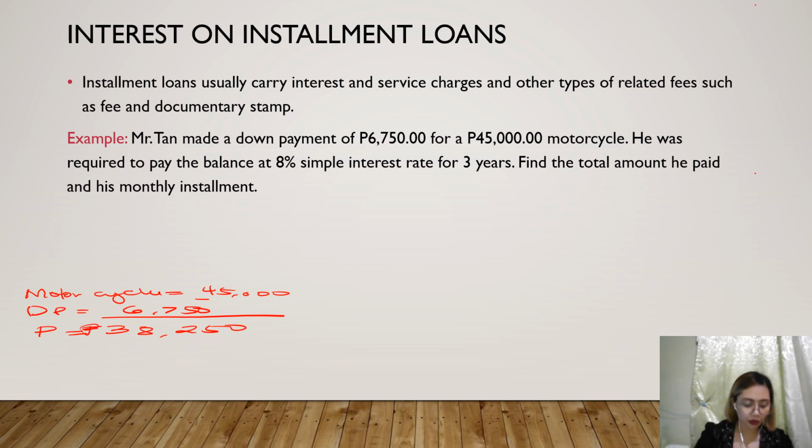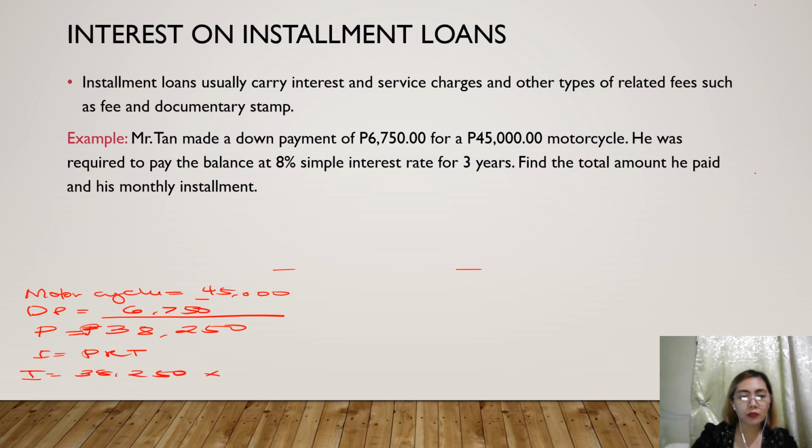Diba? Since the formula for interest is I is equal to PRT, may R na tayo, yung rate natin which is 8%, then yung time natin that is 3 years, then yung P natin that is 38,250. So, I is equal to 38,250 times 0.08 times 3.